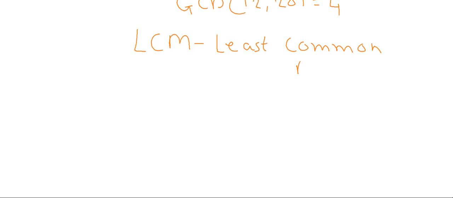Now let's do this. What is LCM? LCM is least common multiple. Okay, so suppose you are given the same numbers, right? 6 and 21, and you are asked to find the LCM.